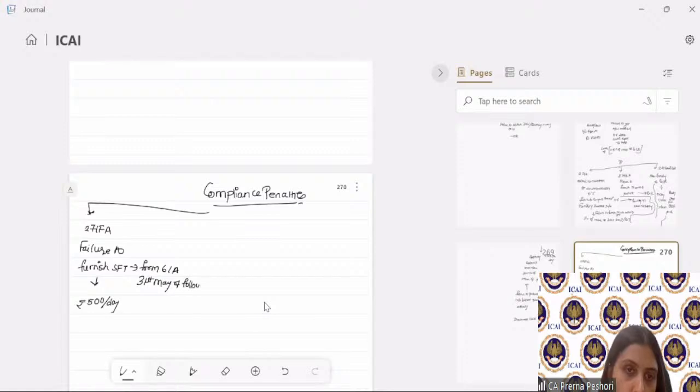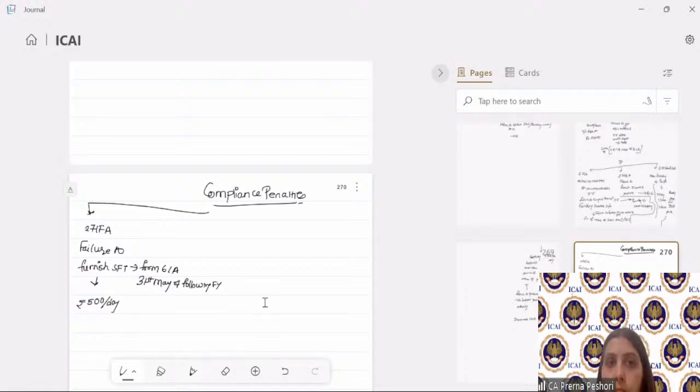If you fail to do that, there will be a penalty of rupees 500 per day. Is that clear?